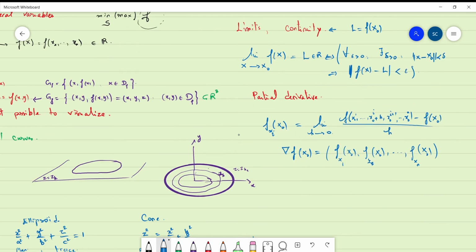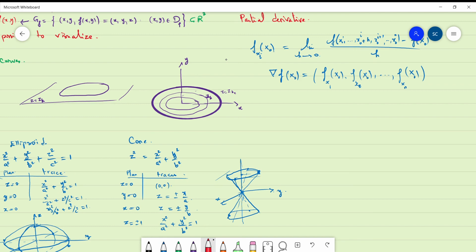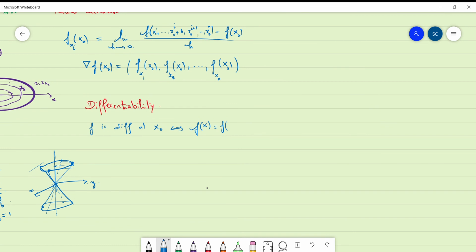Otherwise, there is of course differentiability. The meaning of differentiability is extended to functions of several variables. We will say that f is differentiable at point x0 if and only if we can write f(x) as f(x0), so it has a linear part, plus a derivative.